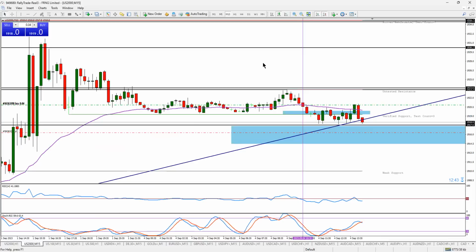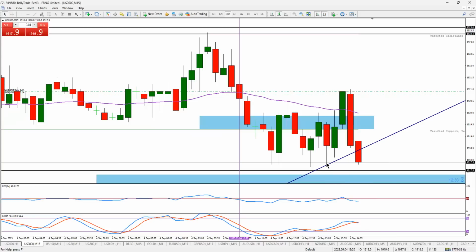Can we see what is going on here? Remember, I drew my trend line and pointed it to this particular low here. But look at what's happening here now. There's a new low.